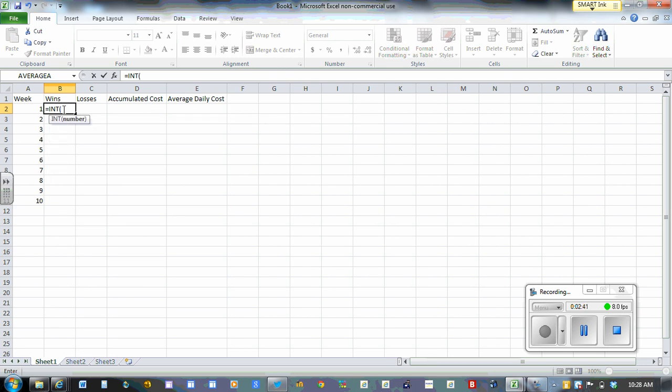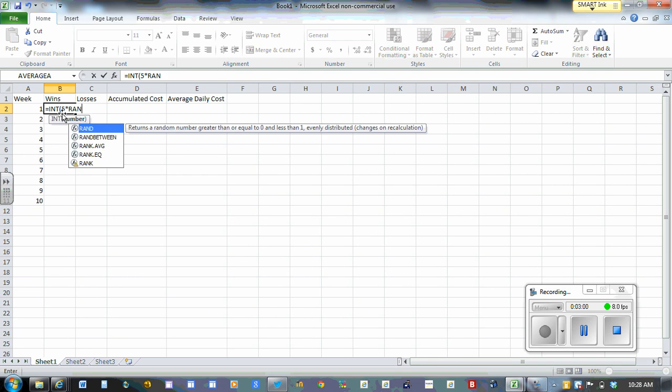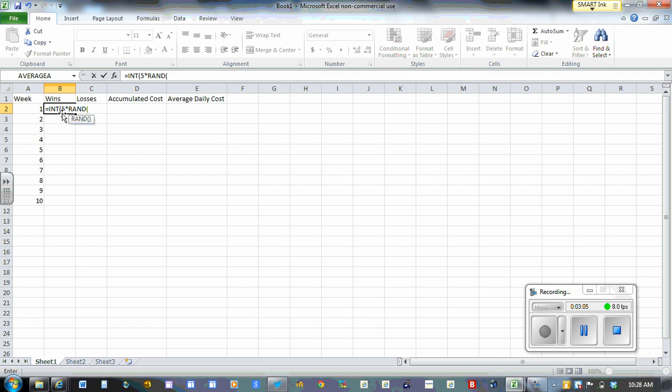We'll open a bracket, and now we're going to enter the difference between the number of wins. So the least value could be 0, and the greatest number would be 5. So the difference there is 5. We multiply that by a function known as RAND, which is a random number generator. We provide a set of parentheses, and to that we add 1 to complete the function. Close bracket and enter.